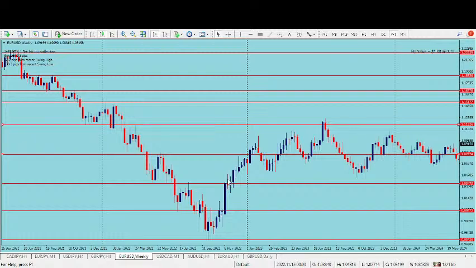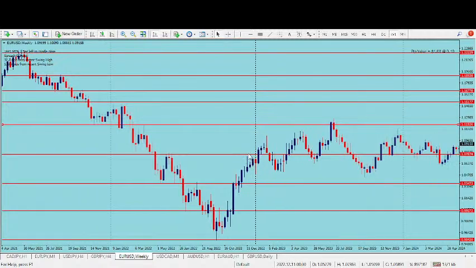When it got to this area, it moved up. Look at the swing. It took out this lower high. So in this situation now, we will say that the market has made a higher high. Once it has made a higher high, look at it here. From here, it took out this one, made a higher high, and this is where it stopped.